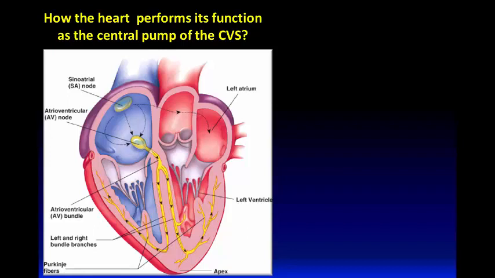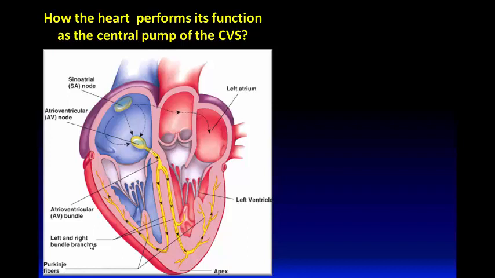Then we have the AV bundle, the atrioventricular bundle, the bundle of His, the right bundle branch, and the left bundle branch, and the Purkinje fibers, which are the fine terminal branches of the left and right bundle branches.